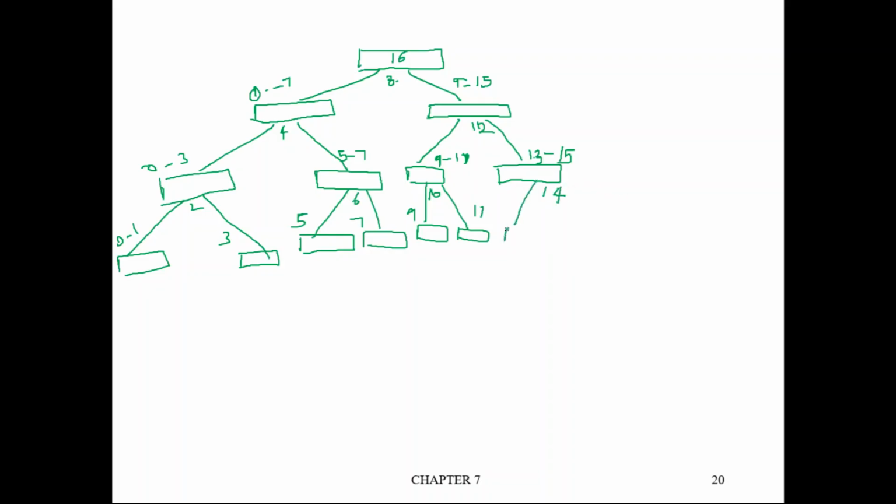Here you will have 13 and here you will have 14. So here you have 0 and 1. 2 is correctly positioned. Previously we thought 0 to 3. So 0 to 7. Again, 0 and 1 means say 1 is correctly positioned, then 0 will come here.